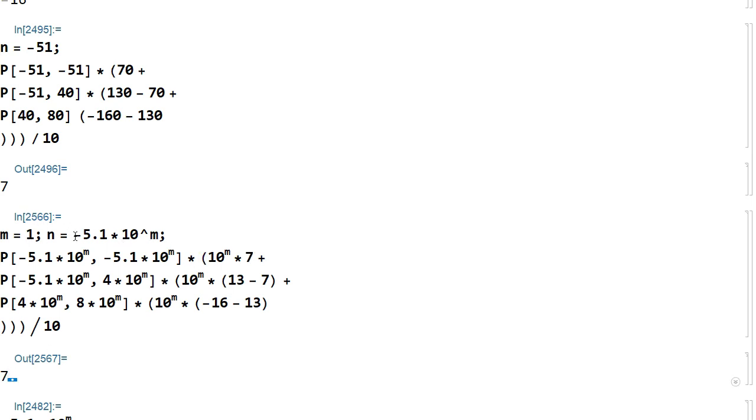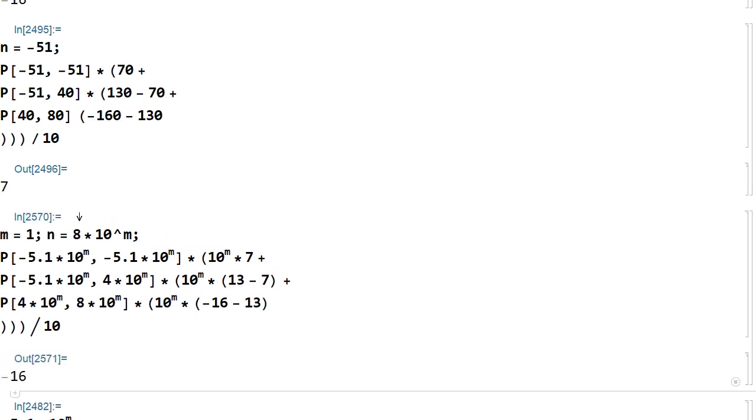And at 4, it's 13, and then at 8, it should be negative 16. So at 8, negative 16.